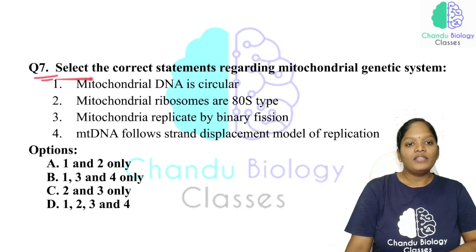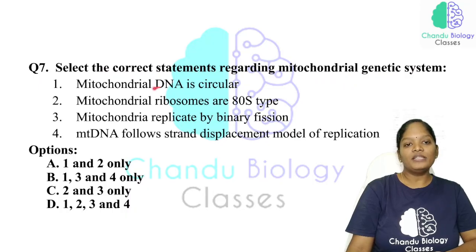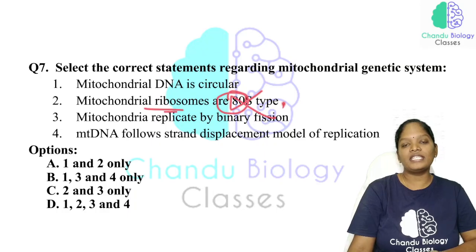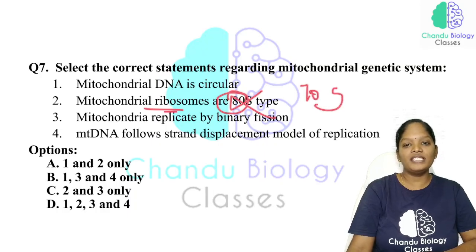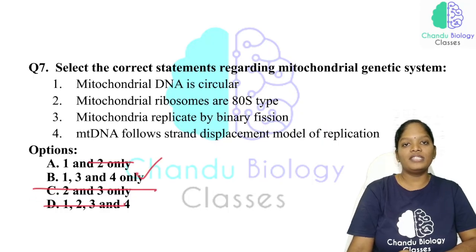Now the seventh question: select the correct statement regarding the mitochondrial genetic system. Mitochondrial genetic system, so you should know mitochondria have DNA and it is circular DNA, and that is a right statement. Mitochondrial ribosomes are 80S type, but it is not 80S type, it is 70S type. So we can easily eliminate option 2. If we eliminate option 2, just now the B option is the pending one.